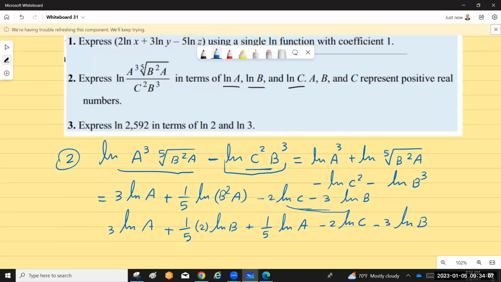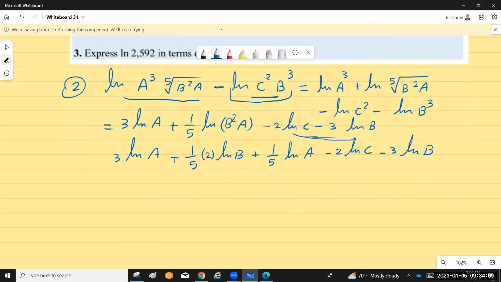So finally, you can add the like terms here. Look at ln a. This is ln a, this is ln a. What else you have? Only these two. So 3 plus 1/5 is 3 and 1/5 ln a.